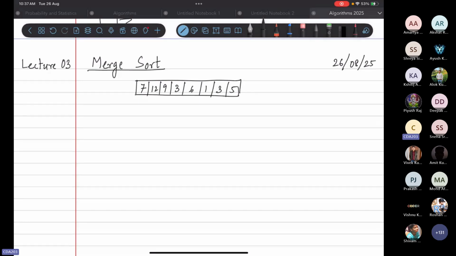So what I'll do is, instead of sorting all these numbers together, I'll break this problem into smaller subproblems. What is my problem? My problem is to sort n numbers. Now, what could be a smaller problem? I'll break this up into two pieces.